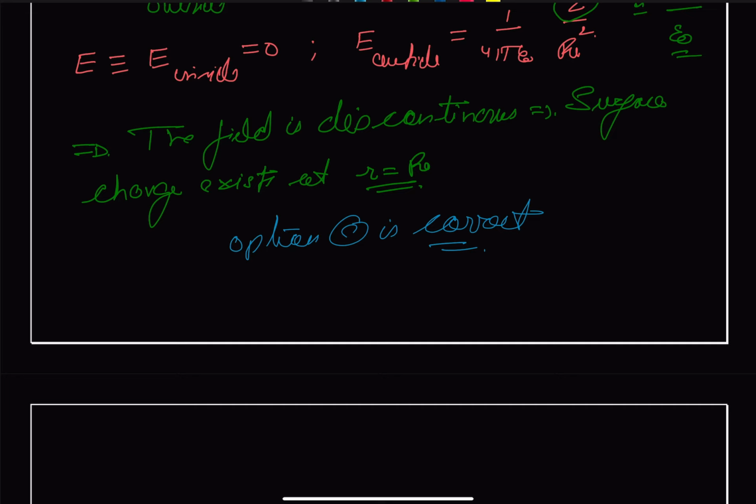And we come to the last part, option D. And it says that there will be no charge anywhere except r is equal to r naught.